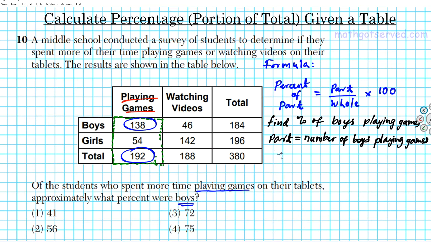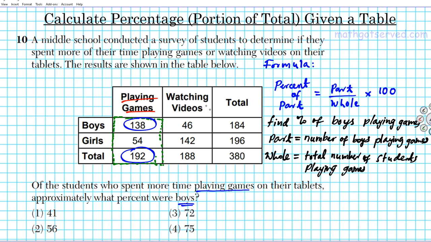The whole, or the total, is the total number of students that are playing games.